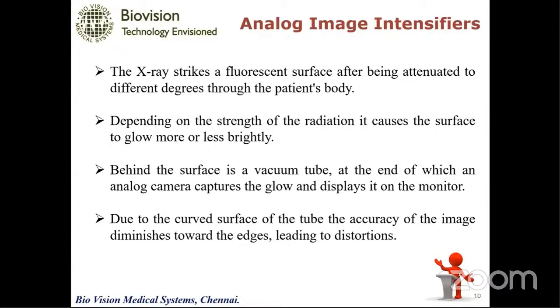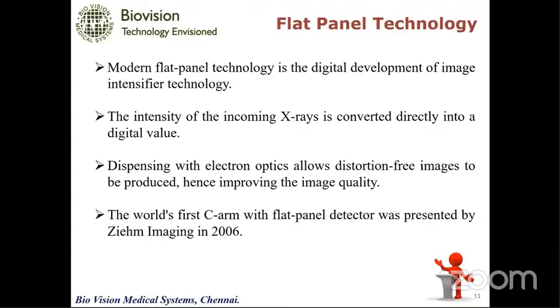Due to the curved surface of the tube, the accuracy of the image diminishes over the edges. To overcome this, we came up with the digital flat panel detector, to avoid distortion and loss of information at the edges. These are modern flat panel technologies, just like digital radiography. We have flat panel technology here also, except that it is directly connected to the monitor. You cannot remove or move the detector.